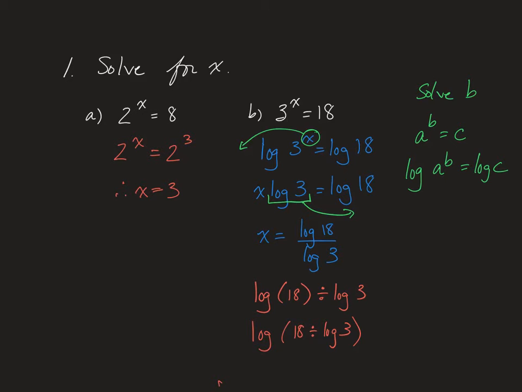Now that I have a single power on the left side, that allows me to bring that exponent out in front. And for me to get that B all by itself, I need to divide out my log A.